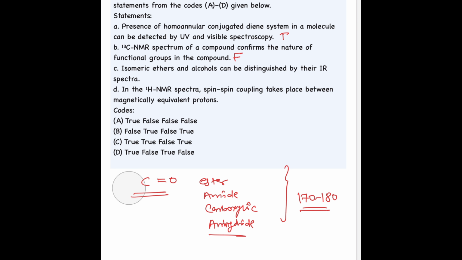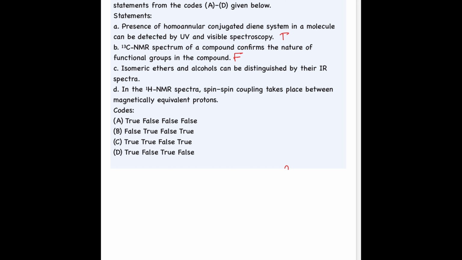Option C: isomeric ether and alcohol can be distinguished by IR spectra. Yes, they can be distinguished.